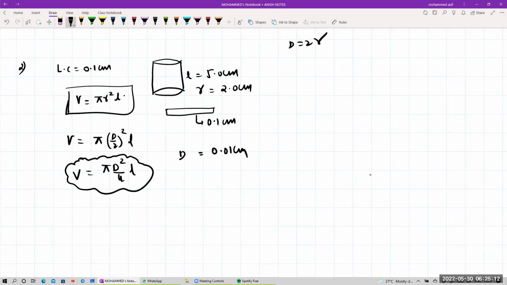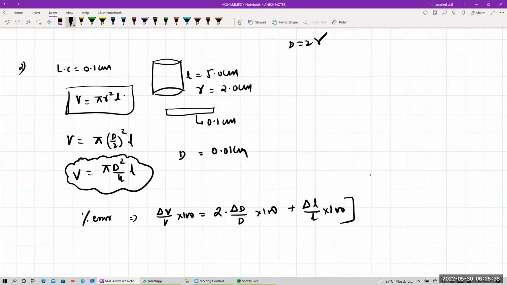Now percentage error: delta V by V into 100 equals 2 into delta D divided by D into 100, plus delta L by L into 100. Delta D is 0.01, divided by original diameter 2 centimeters.